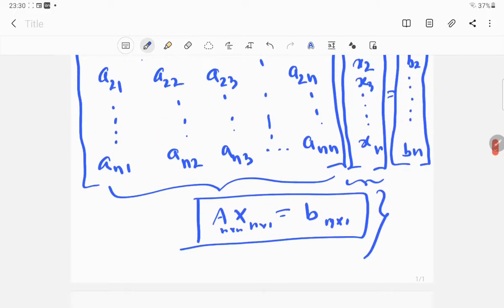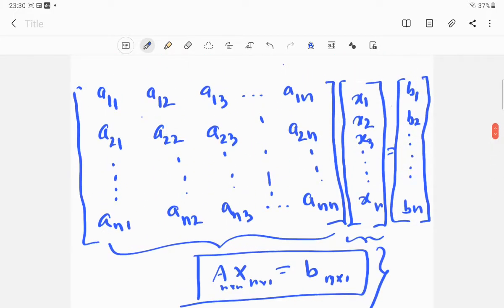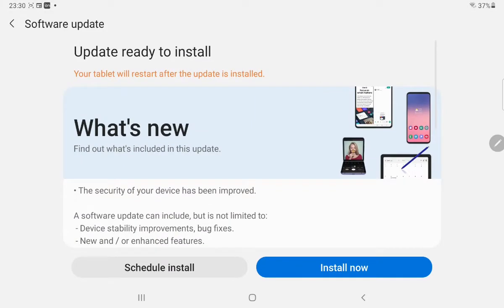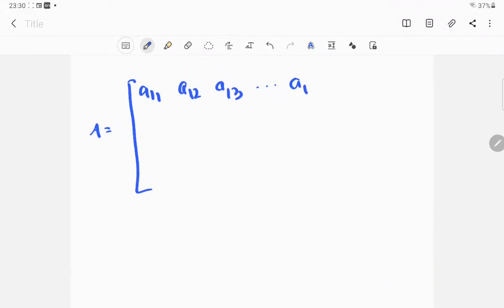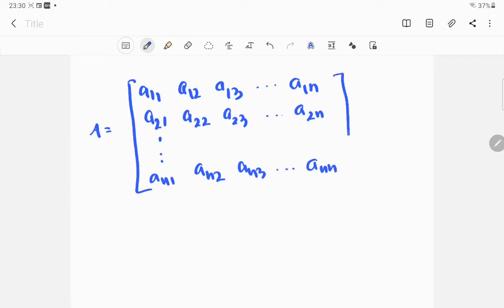Now, there is an important thing. Matrix A is nothing but a11, a12, a13 up to a1n, then a21, a22, a23 up to a2n, and an1, an2, an3 up to ann.